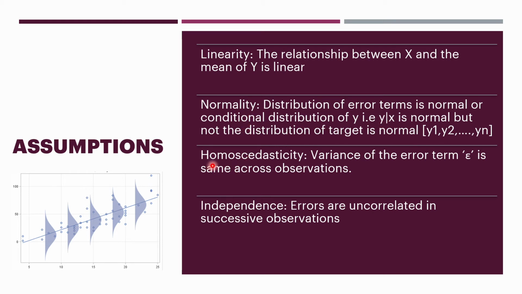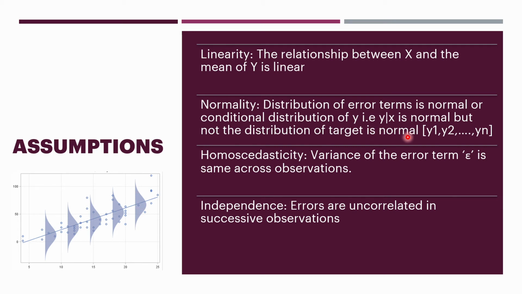Then the other one is homoscedasticity. What does homoscedasticity mean? Homo means same, skedasticity means variance. It says that the variance of the error term is the same across observations. We have said my error term has a mean value of 0 and a variance that is sigma square.